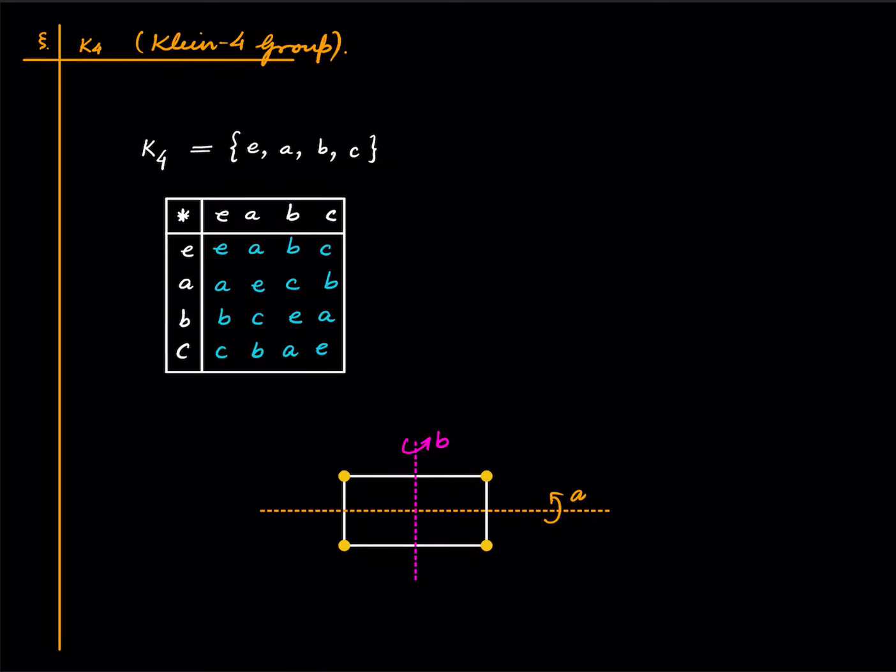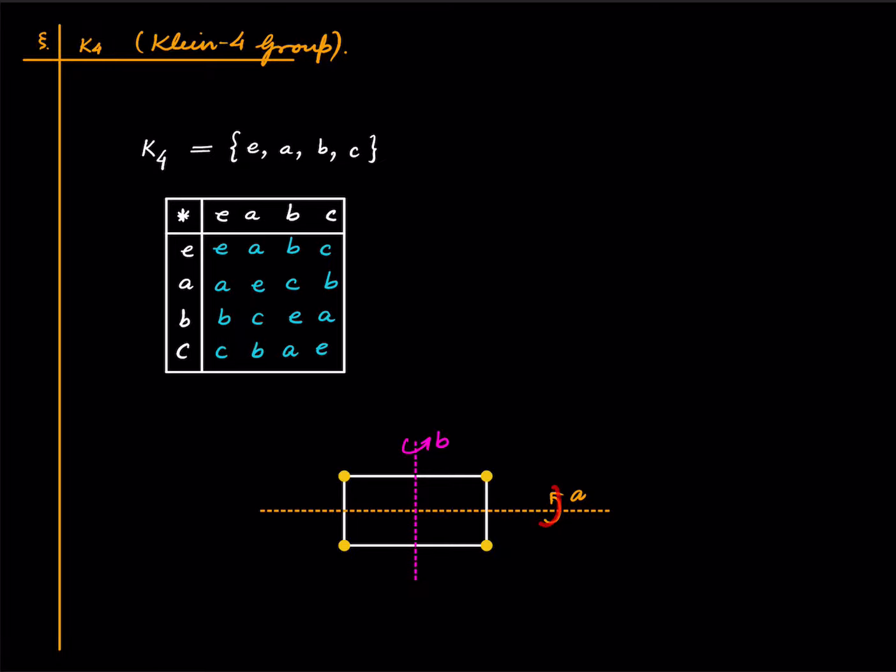If you denote that by A, and similarly the reflection about this line by B, and the 180-degree rotation by C, then you'll see that the composition of A and B is actually given by this table. So the composition of A and B is C, and you can try that either visually or by hand.